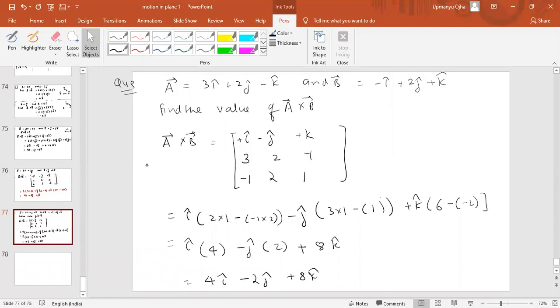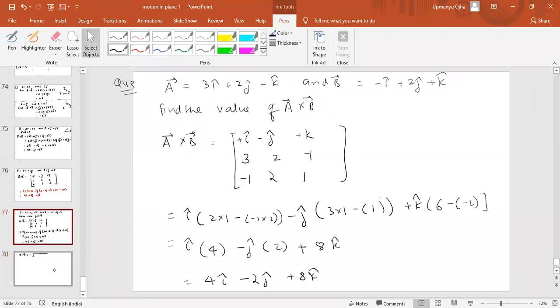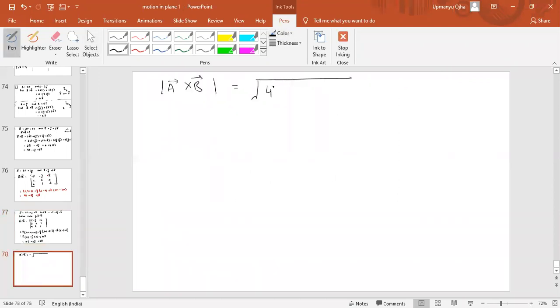See, the magnitude of A cross B means we put the mod there, that is equal to square root of 4 square plus minus 2 whole square plus 8 square plus 8 square.